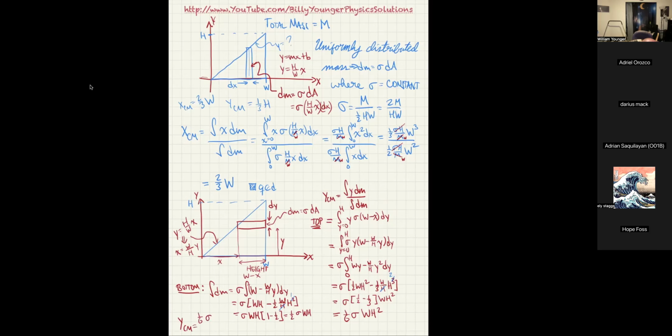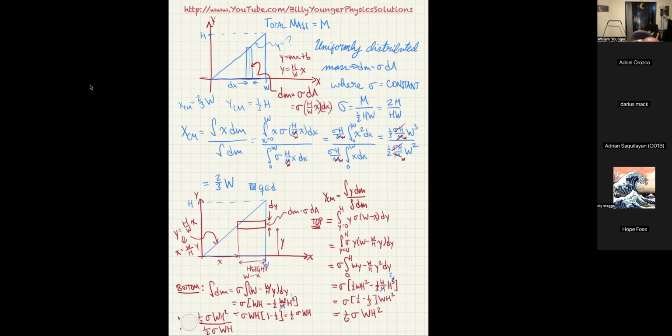So the YCM is supposed to be 1/6 sigma WH squared over 1/2 sigma WH. And of course, 1/6 divided by 1/2 is 1/3. So we finally get, and I should probably be writing this in a different color since it doesn't fit so easily, I get YCM.